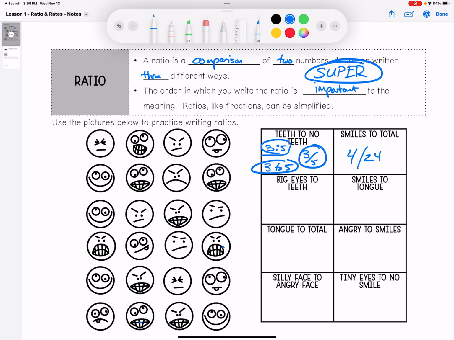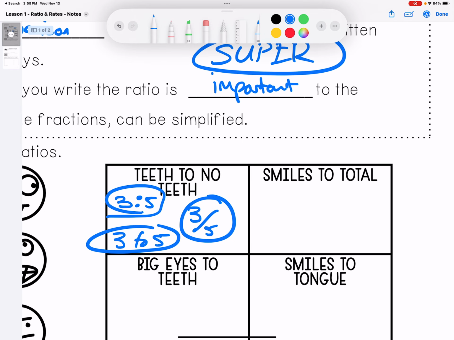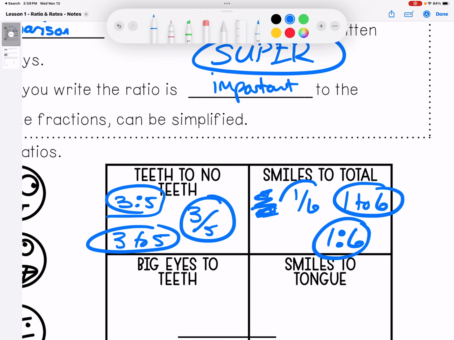So 4 24ths. But that's not the answer, because 4 24ths can simplify, because 4 will go into both of those, and it becomes 1/6. You could have written 1 colon 6, or you could have written 1 to 6. Either of those.